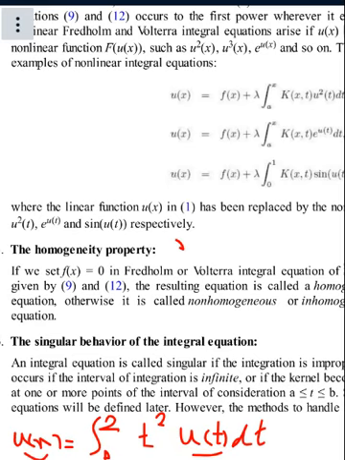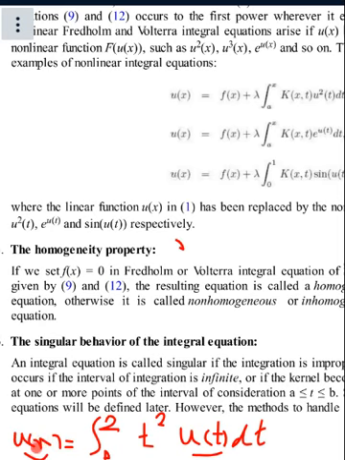Is this first kind or second kind? Second kind, exactly, because we have u outside and inside the integral sign. But about being homogeneous or inhomogeneous, can you tell me which kind this is? Homogeneous, exactly, thank you.